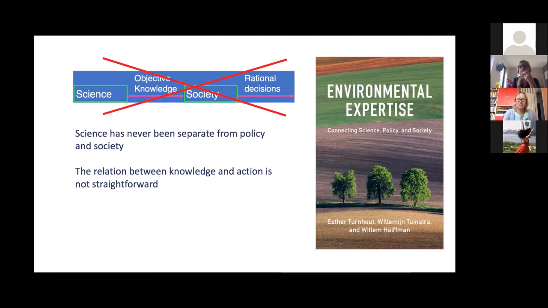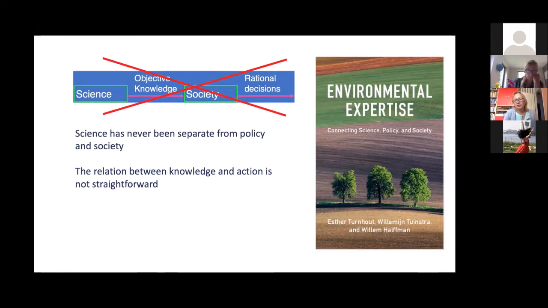There's lots of objective knowledge, but there's also an abundance of a lack of rational decisions, which shows that the relation between knowledge and action is really not straightforward. It doesn't automatically happen, and it doesn't happen as a result of the objectivity of the knowledge that is created.